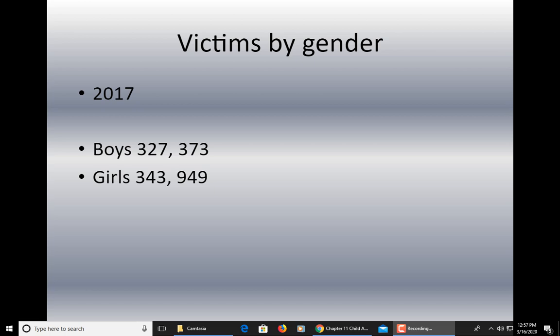So it's like a 20,000 difference. So they are close, but overall, when you combine them, girls are more likely to be victims than boys, especially when, like I said before, there's a big difference with sexual abuse, that girls are the predominant victims of that type of maltreatment.